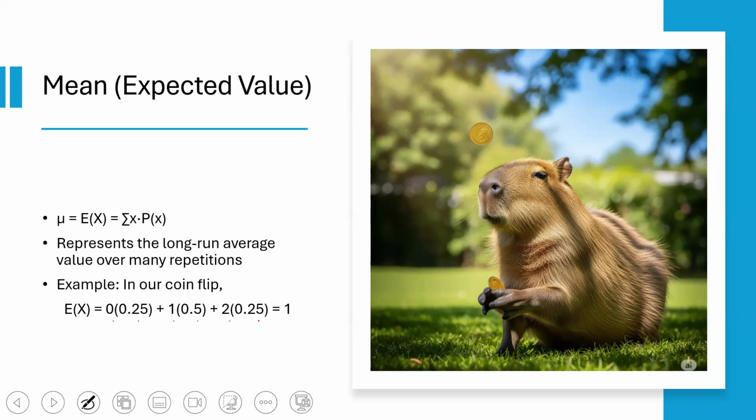Now notice that would be 0 plus 0.5 plus 0.5, so we'd get a 1. So if we flip 2 coins over and over, on average, we'd expect 1 head per pair of flips. This idea of expected value is crucial in business, like estimating average returns or average claims per customer in insurance.